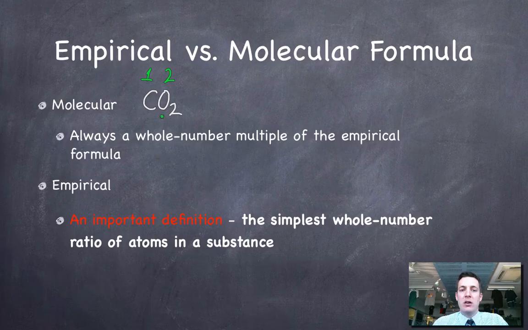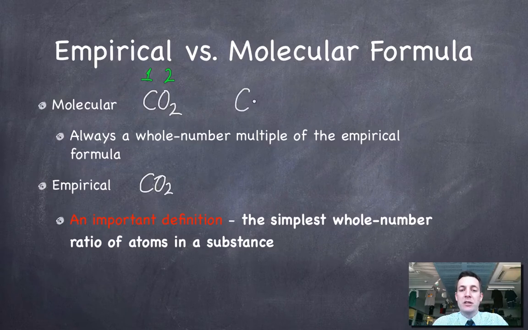I can't make that into a simpler whole number ratio, i.e. to use smaller numbers to describe the same ratio. So, in actual fact, the empirical formula of carbon dioxide is the same as its molecular formula. That isn't to say that this isn't a whole number multiple of that. It's just 1 times that, so they're the same.